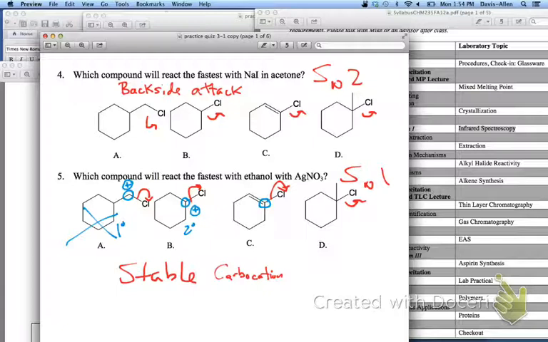So I'm hearing secondary, but remember, our primary, secondary, tertiary classifications only work on sp3 carbons. What's the hybridization of that carbon? sp2. We cannot classify it based on our primary, secondary, tertiary ranking. So we'll instead classify it by its hybridization, and we're looking at an sp2 carbon.